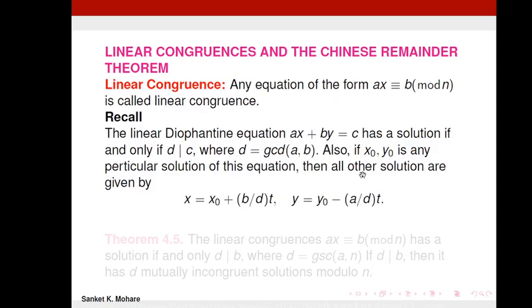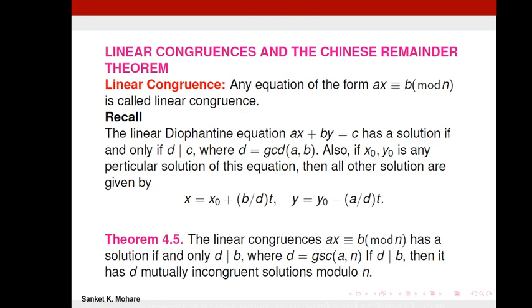So if we find a particular solution x0 and y0, it is easy to check that these are the other solutions. Here t is also an integer, and t varies from 0 ≤ t ≤ d − 1, where d is the GCD of a and b.